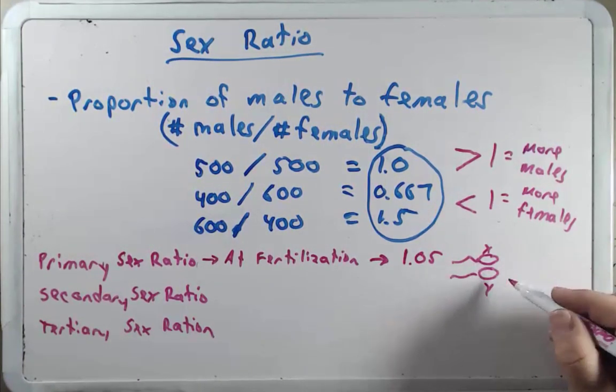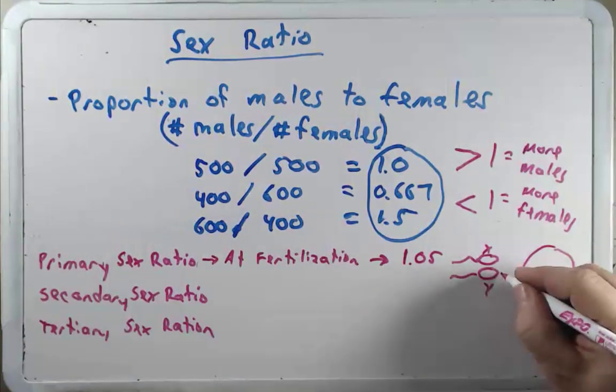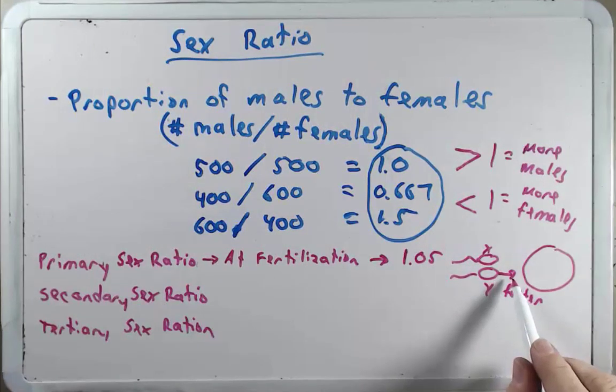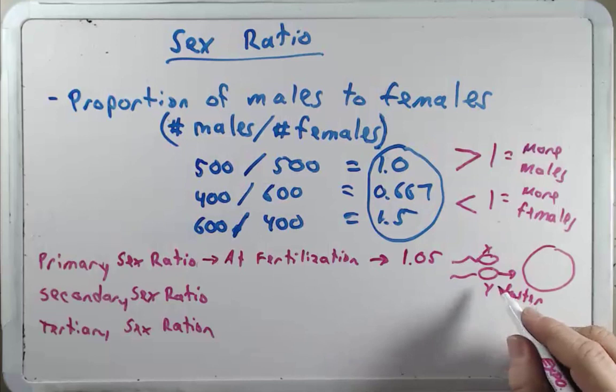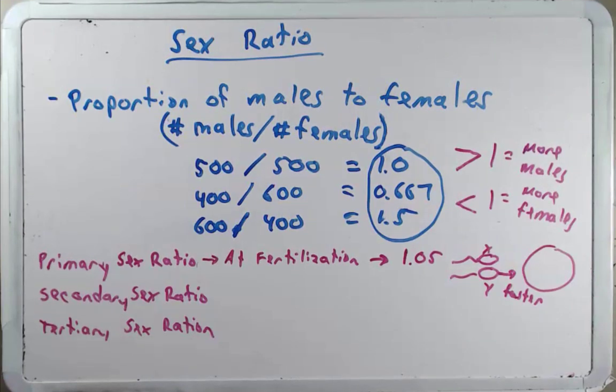So you would think they would have equal chances of finding the oocyte. But it turns out that the Y-bearing sperms are a little faster. And so they're more likely to reach the oocyte faster than an X-bearing sperm. And the reason, at least the reason we hypothesize this, is that the Y chromosome is so much smaller than the X chromosome that it weighs less, and so it can simply swim a little faster.